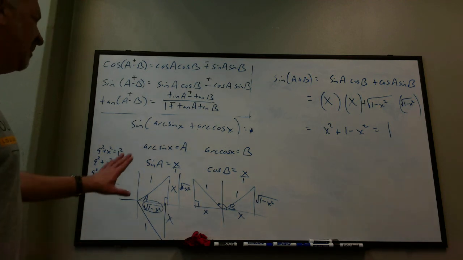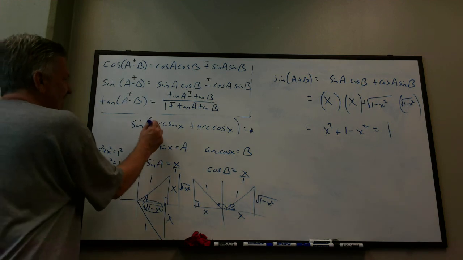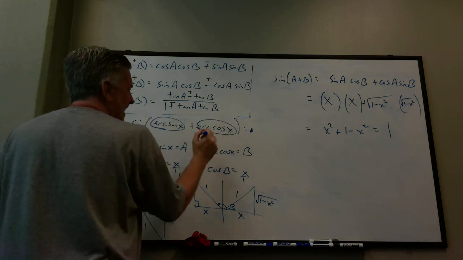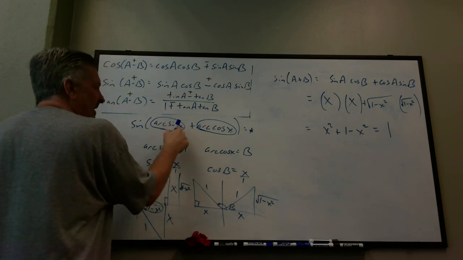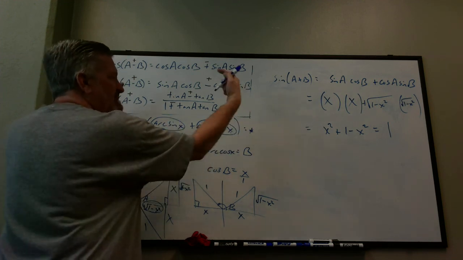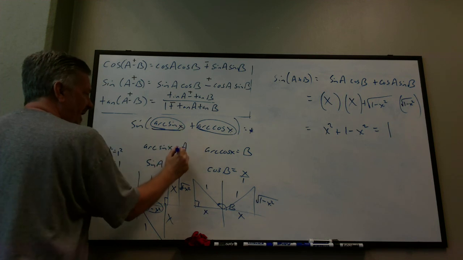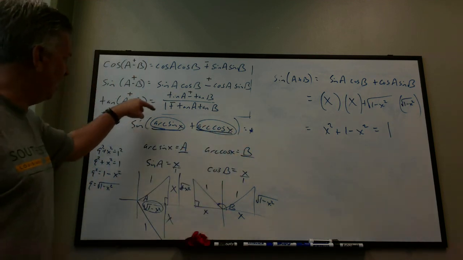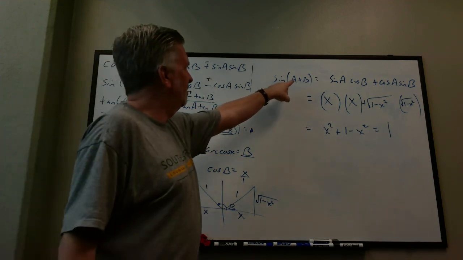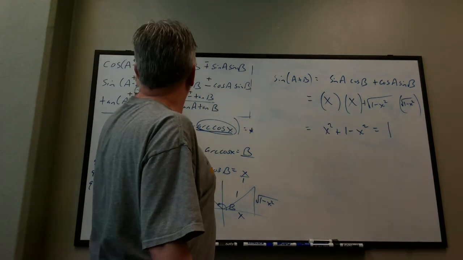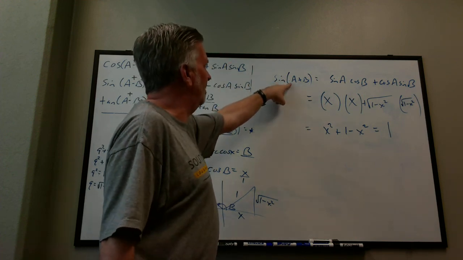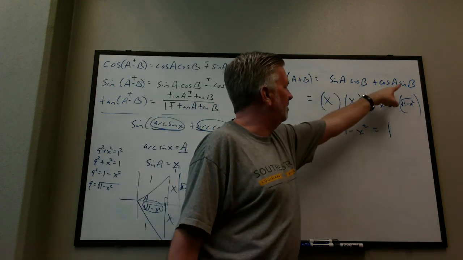Okay? So this one's a little more complicated, but the key here is realizing that is an angle. Call it something. Because when you take arc sine of a number or arc cosine of a number, those give you angles. So call that angle A, call that angle B, and then realize you're finding sine of A plus B. If you use your sum formula for sine, A plus B, it turns out to be this.